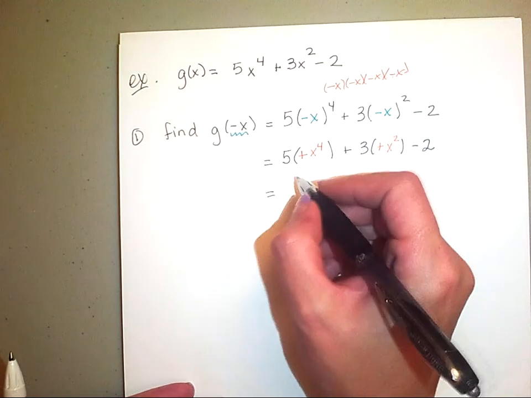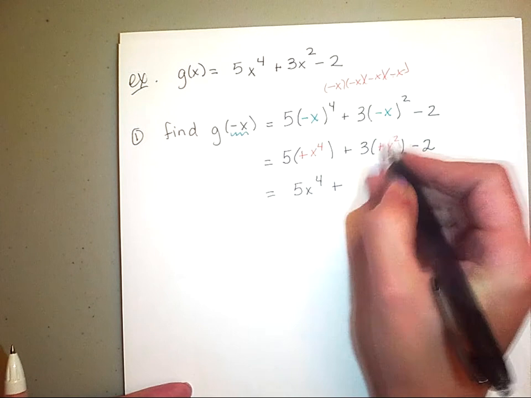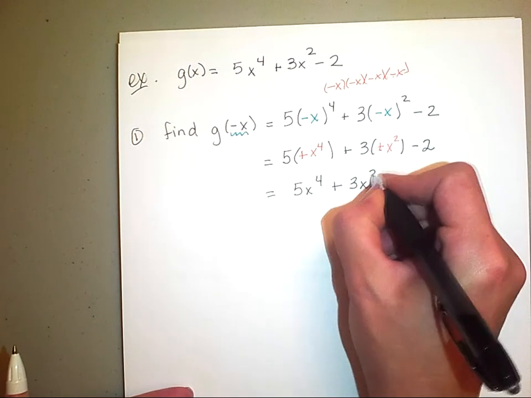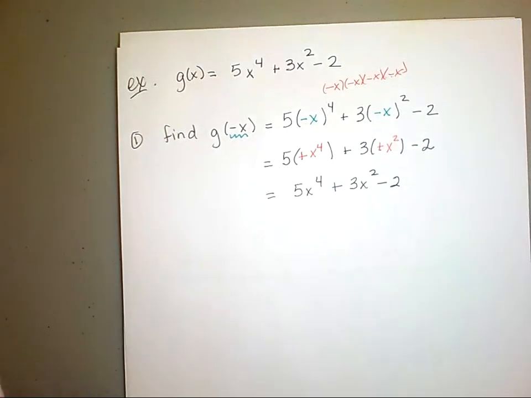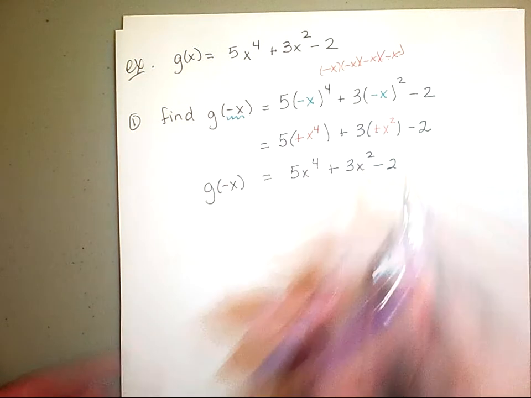So now let's simplify this. 5 times a positive x to the fourth is just 5x to the fourth, plus, will stay the same, 3 and a positive becomes 3x squared minus 2. So this is g of negative x.